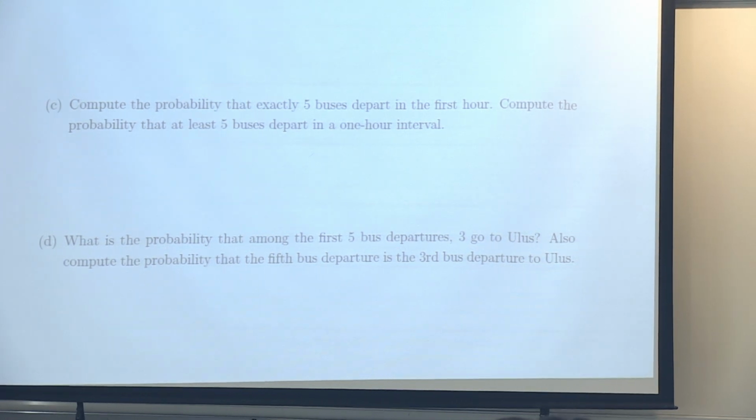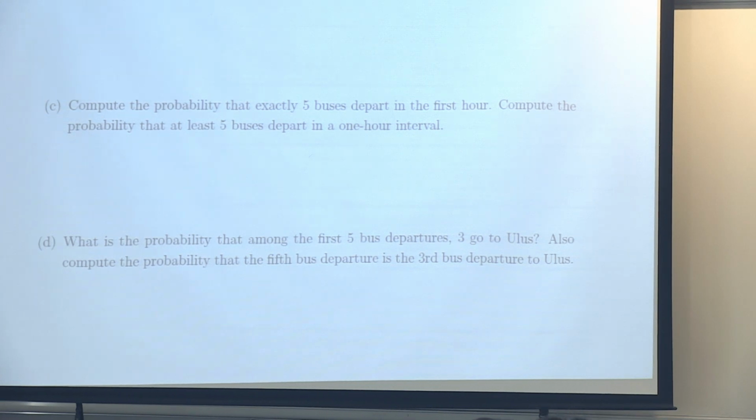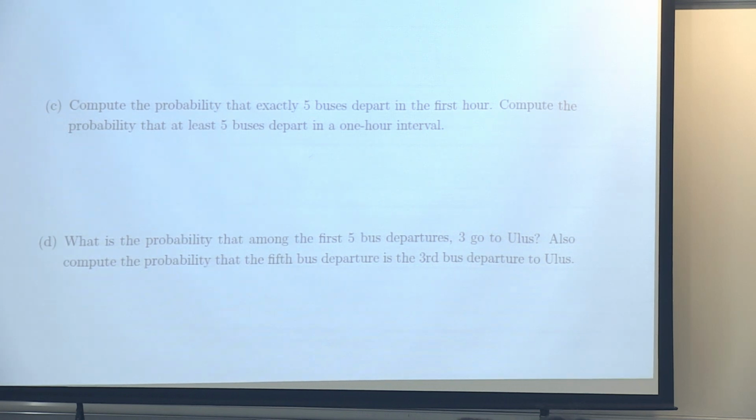Every bus departure is to Ulus with probability 1 over 6. So what is the probability that among the first 5 trials, 3 are successes, for example? It's a binomial probability, right?